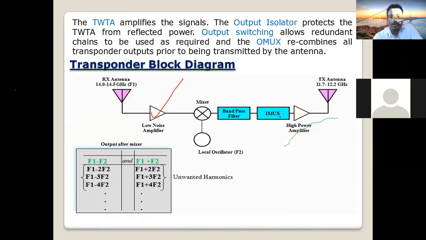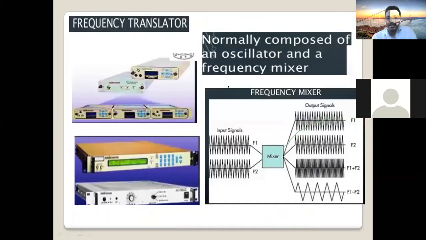What is the next component of a transponder? We call it the frequency translator. First, what comes from the antenna?